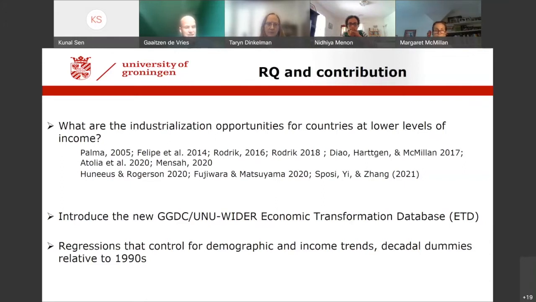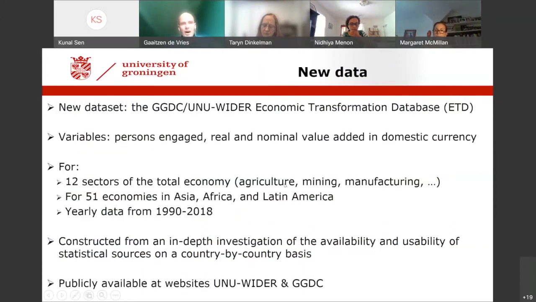In those regressions, we aim to capture industrialization patterns during particular periods by examining period dummies for the 2000s and the 2010s relative to the 1990s. So these period dummies show the manufacturing employment share of each period relative to this excluded decade, the 1990s. But first, let me update you on this new data set.